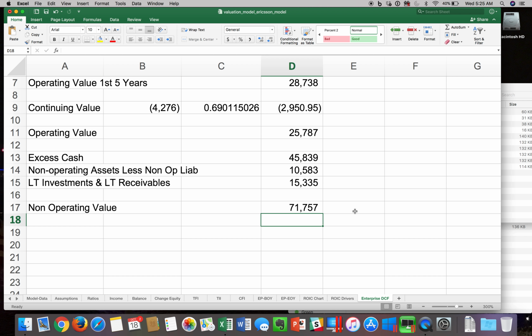Now, here's the thing. Excess cash is cash, that we're pretty certain about that value. Non-operating assets, we don't really know what they are. If we did, we might try and get a market value, but at least assume that the accountants would have written it down if it wasn't worth anything. They're probably not going to write it up, so we're probably in the ballpark of the value of those. The tricky part is these long-term investments.